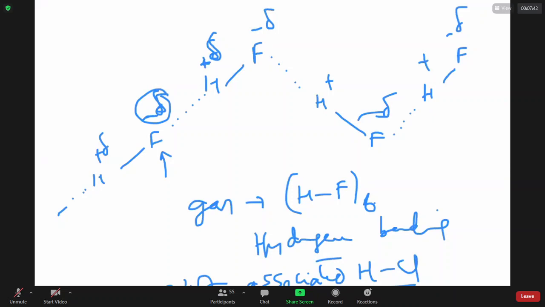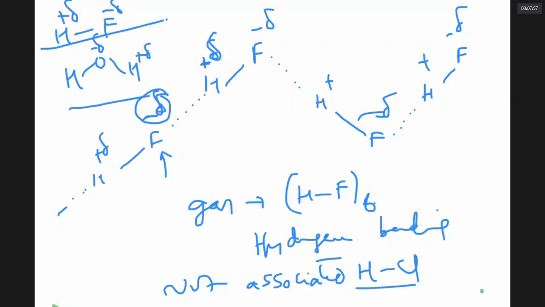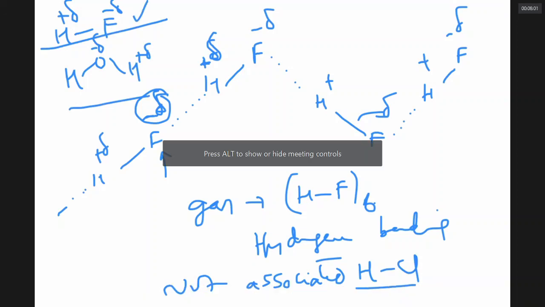It means more polar. The HF molecule is more polar than even water. Here also there is minus delta, plus delta. Hydrogen bonding is there in water, hydrogen bonding is there in HF. But the hydrogen bond as such is much stronger in HF than in water.